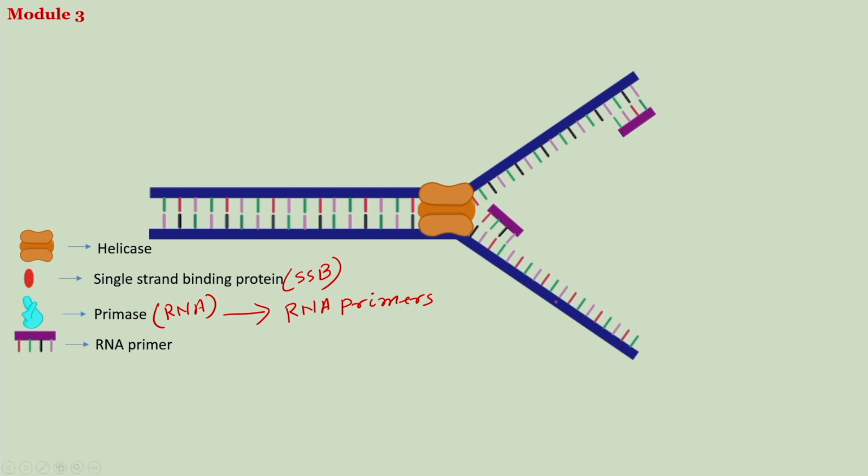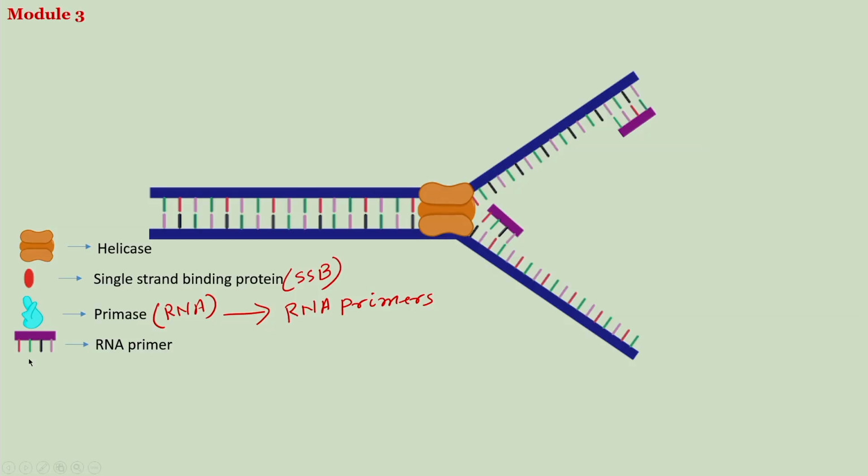They are short segments, they will be hybridized to this single strand temporarily, and then you have the base. Now, you can go ahead with the synthesis. I will discuss why these are needed. So, RNA primers are generated and they are hybridized to different strands.